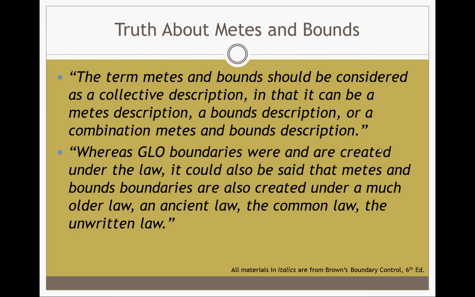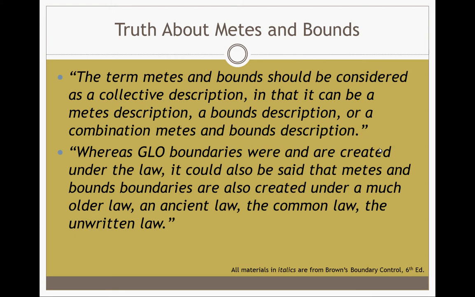GLO boundaries, however, were and are created under the law. It could also be said that meets and bounds boundaries are also created under a much older and ancient law, the common law, the unwritten law. Even though we will say that GLO boundaries are created under what we call statute law, ordinance law from Congress, you might even say that meets and bounds is based on an even older system.